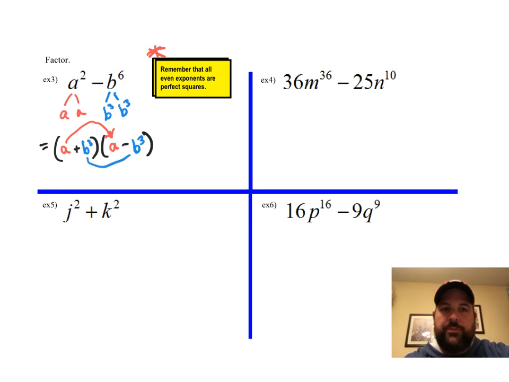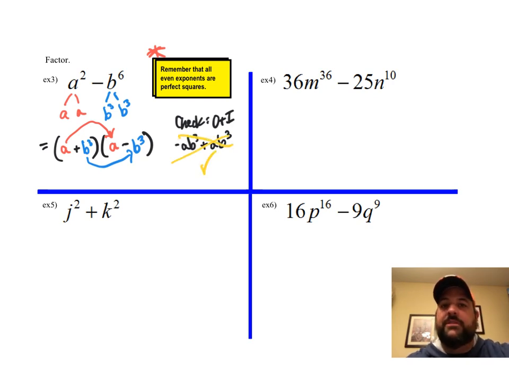The last multiplication gives me the b to the 6th, because b to the 3rd times negative b to the 3rd. The check is that when I do the outside plus the inside, a times negative b to the 3rd would be negative ab cubed, and b to the 3rd times a would be positive ab cubed. They cancel each other out, and that's a good thing, because that leaves us with just a squared minus b to the 6th.